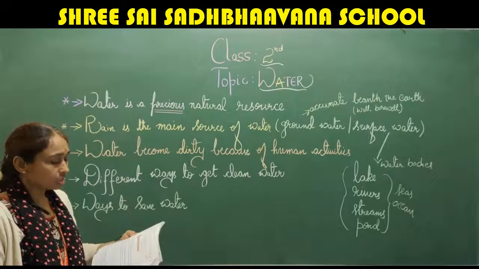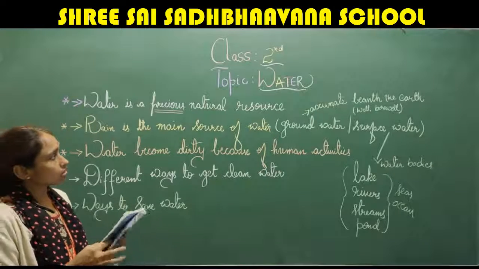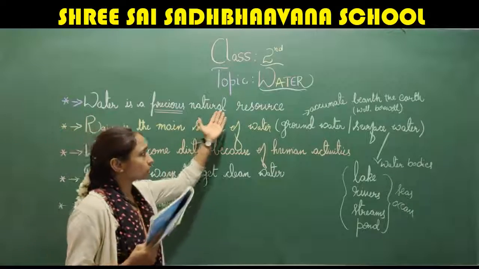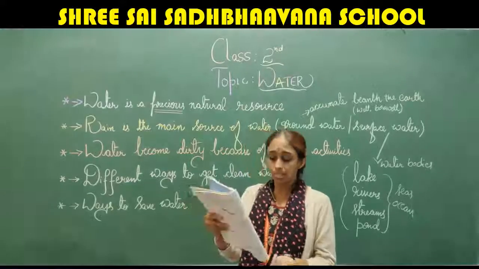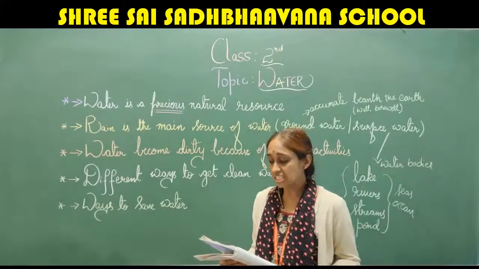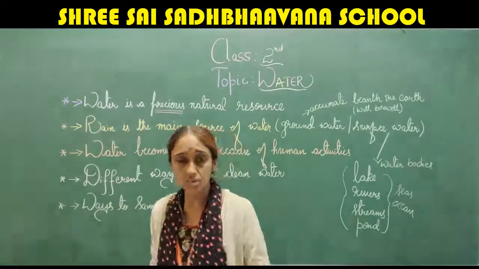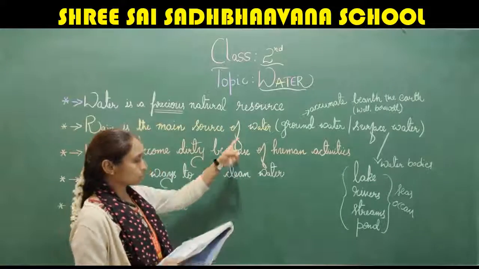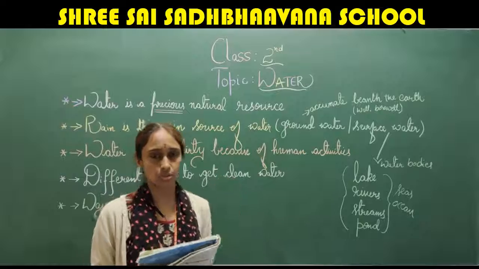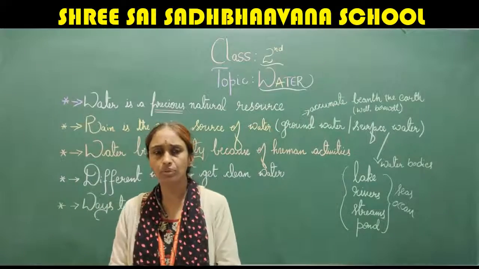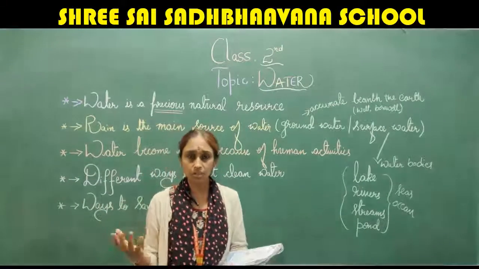So water, as I told, is precious not only for human bodies, but for animals and plants also. It is a precious natural resource used both in agriculture and in industry. Can you grow crops without water?